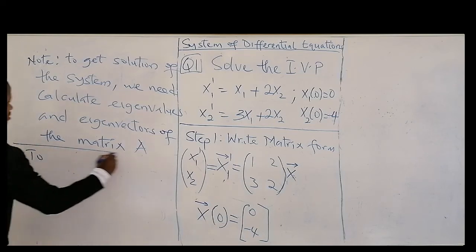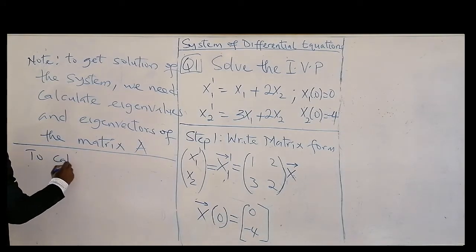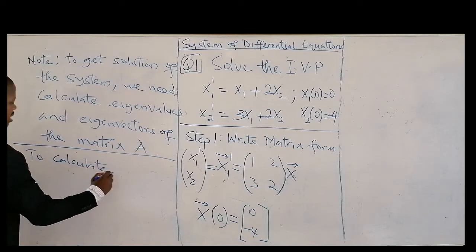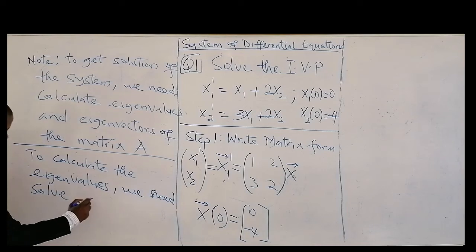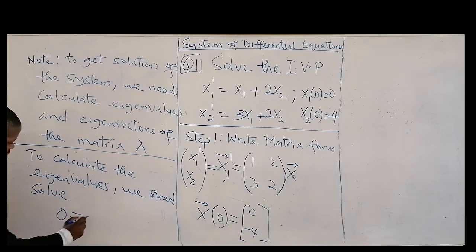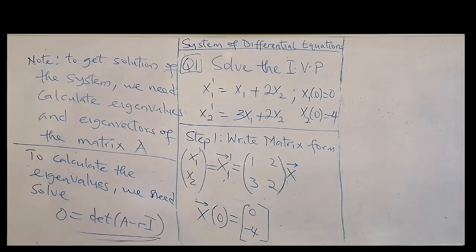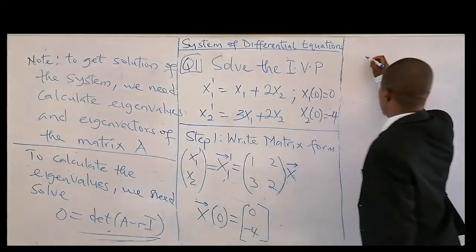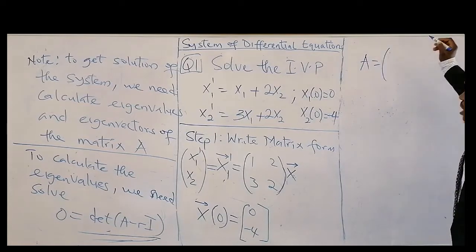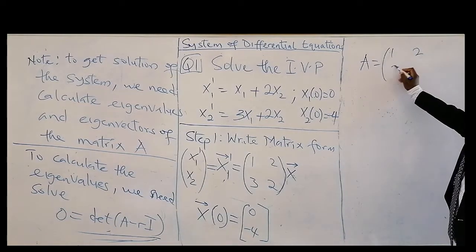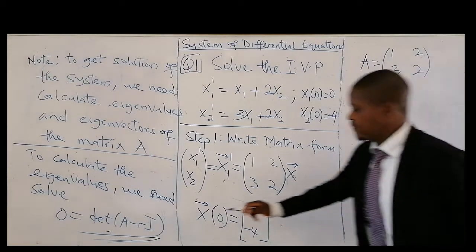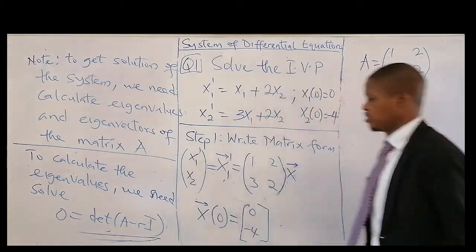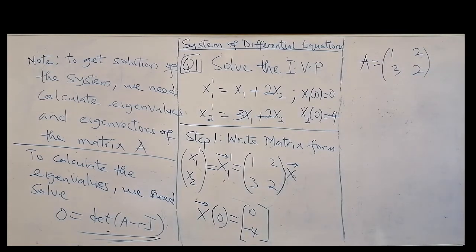To calculate the eigenvalues, we need to solve this equation. So how do you apply this? Our matrix A is 2 by 2: 1, 2, 3, 2. Then apply this equation to calculate the eigenvalue.